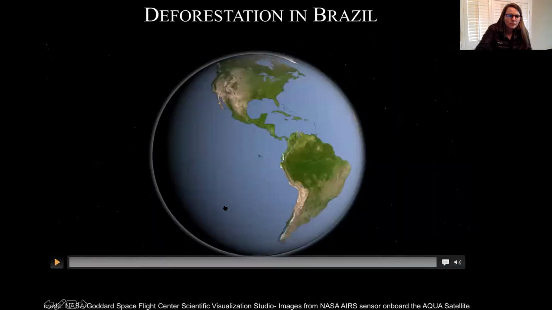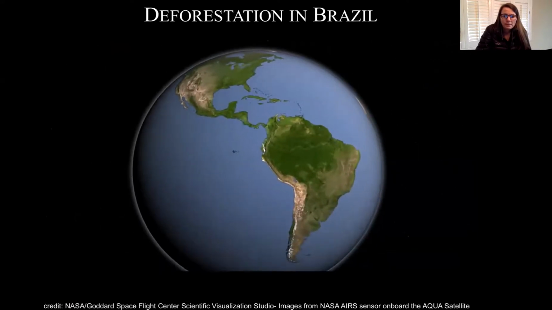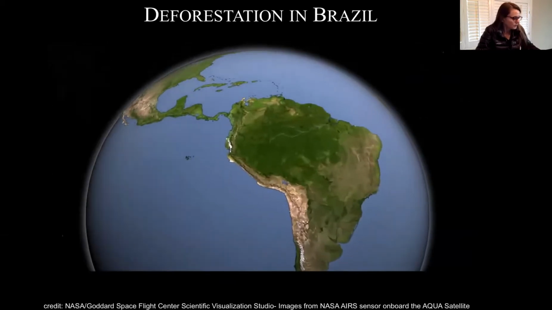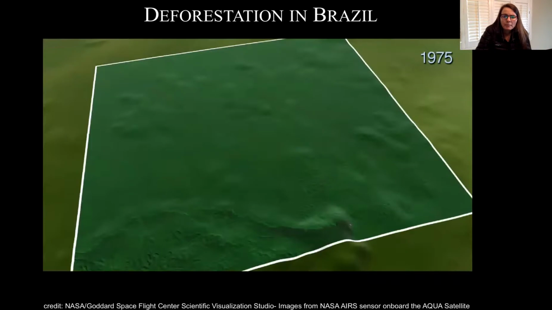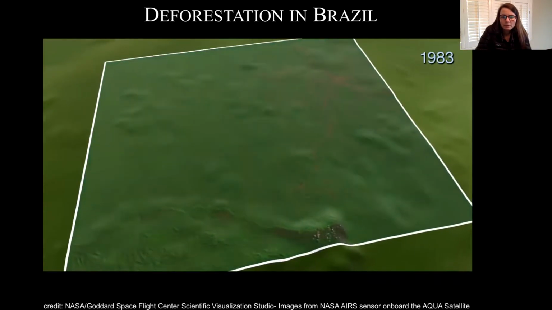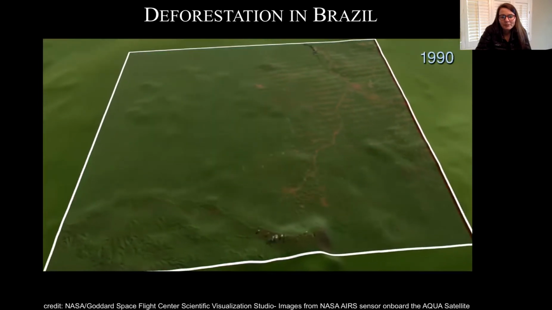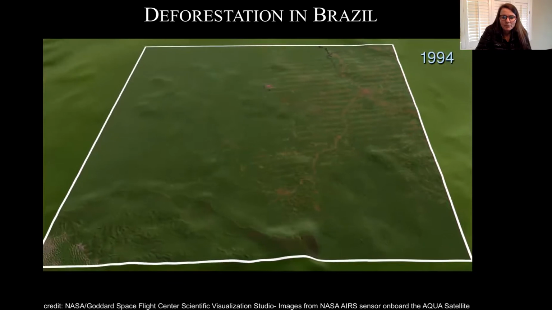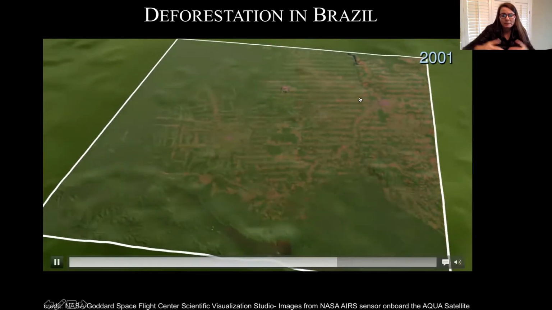And another thing that we are monitoring from space is deforestation. And as you saw in the previous animation that was shown, it shows just the severity and how big of an environmental impact this has on the environment.